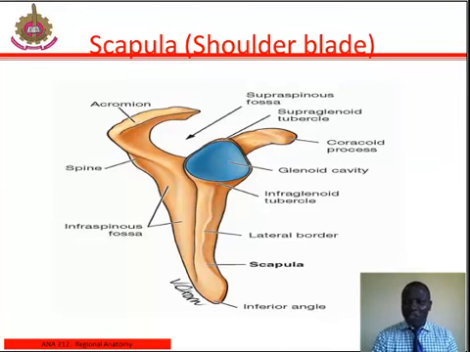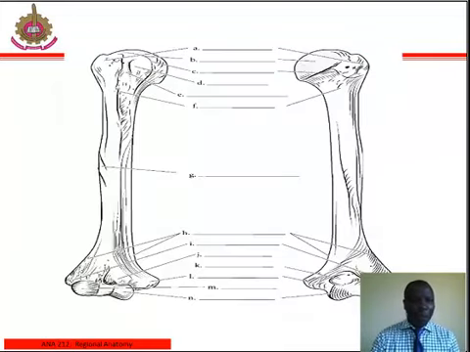And on the anterior side of the scapula is the subscapular fossa and the coracoid process. The inferior angle of the scapula is at the junction of the medial and lateral border. Inferior to the acromion process is the glenoid fossa. This is a depression where the head of the humerus articulates with the scapula.